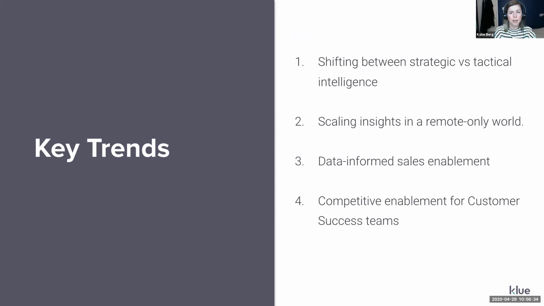The second was scaling insights in a remote-only world and some thoughts and tactics on how we can deliver intelligence across the whole org in different ways. The third were some ideas on how we can collect more data to inform how we're enabling our sales team more effectively and strategically. And then the fourth is to start thinking about how we can better enable our customer success teams and really prioritize retention over the coming months.